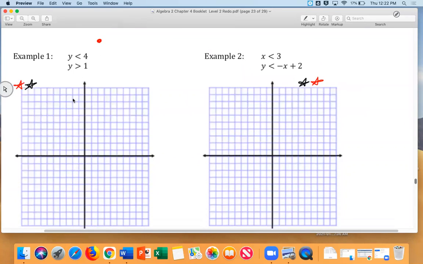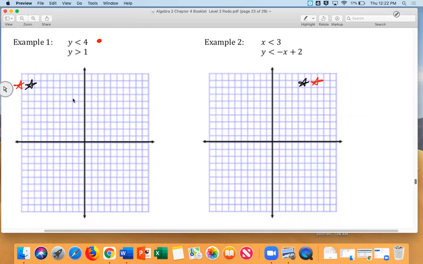I'm identifying that first equation. That's my red equation. That says y is less than 4. So I go up to 4, 1, 2, 3, 4. That's a horizontal line, so I'm going to make a dashed horizontal line through 4.